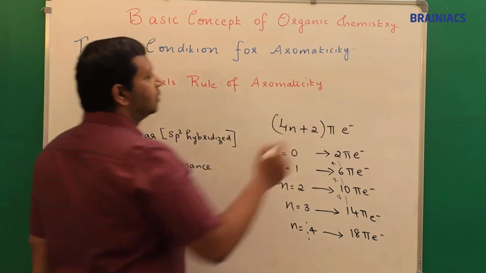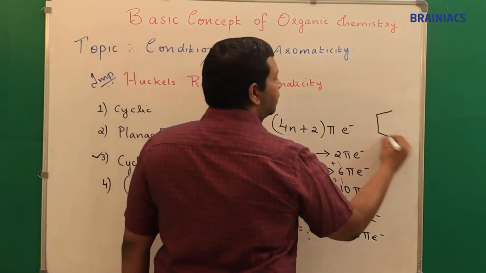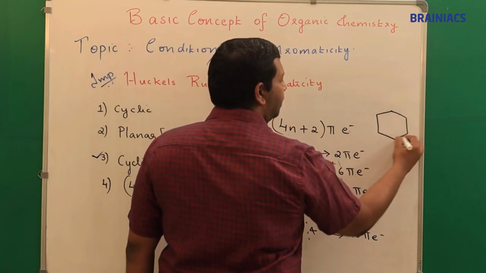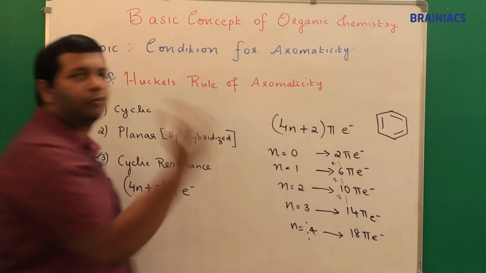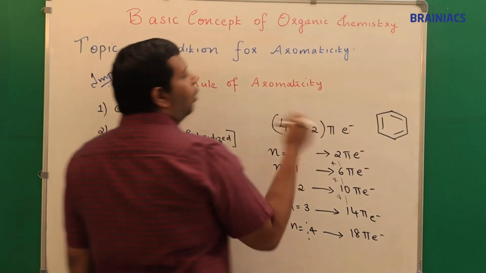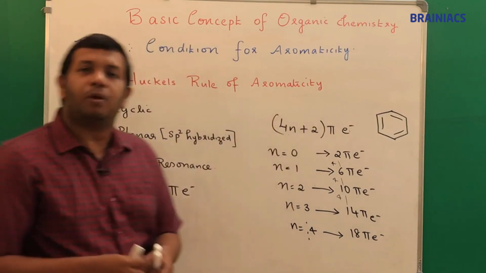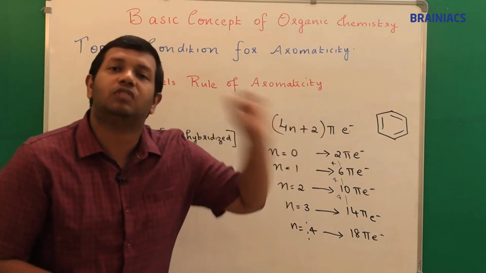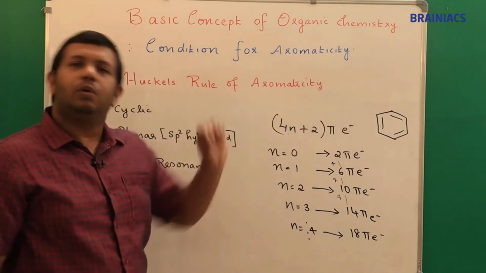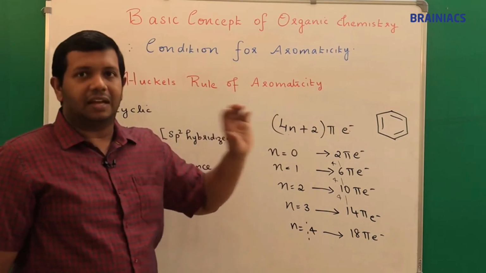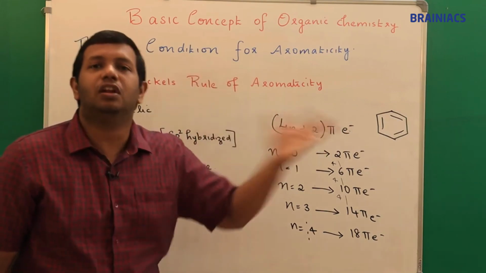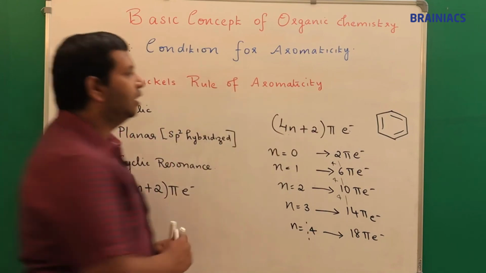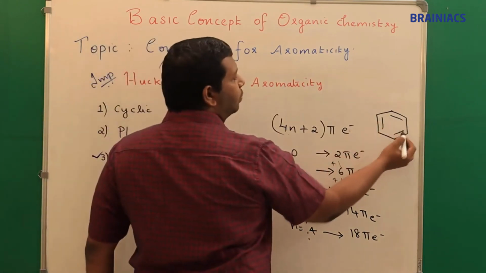Suppose you are given a compound like this, benzene. Again I am taking benzene. What you need to do is just count the number of pi electrons, or you can say count the number of electrons that are entering into cyclic resonance. Very, very important. So here this will enter into resonance, this will enter, this will enter.